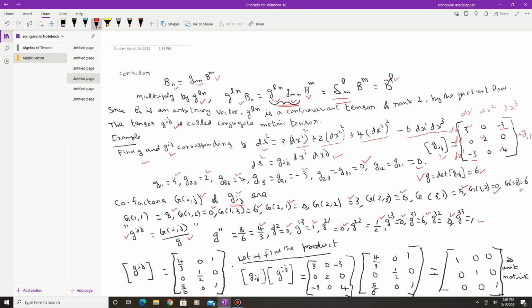Now you substitute these values of Gij in the form of a matrix.